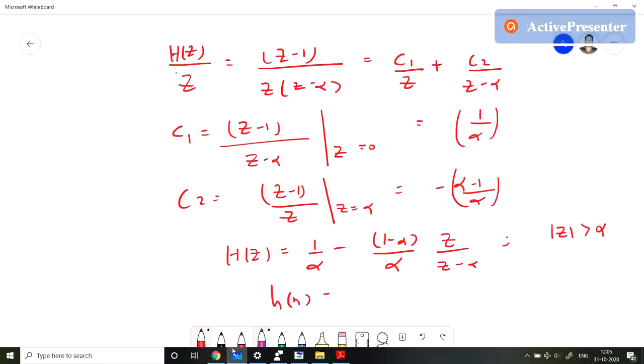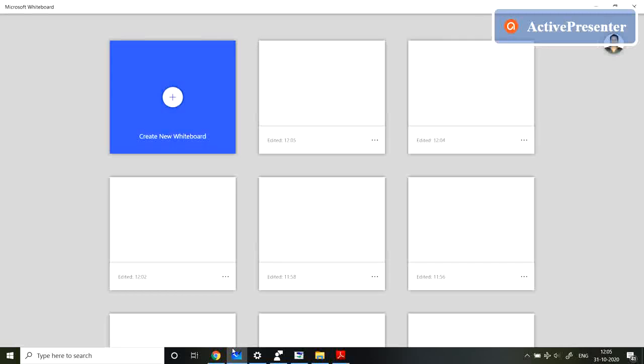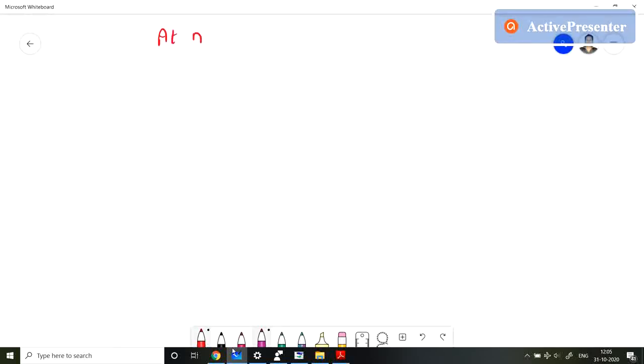So h[n] is equal to 1 divided by alpha delta[n] minus (1 minus alpha) divided by alpha raised to the power n u[n]. So this is h[n]. Now if we see at n equal to 0, what will we get? We will get h[0] is equal to 1 divided by alpha minus (1 minus alpha) divided by alpha, that is equal to 1.